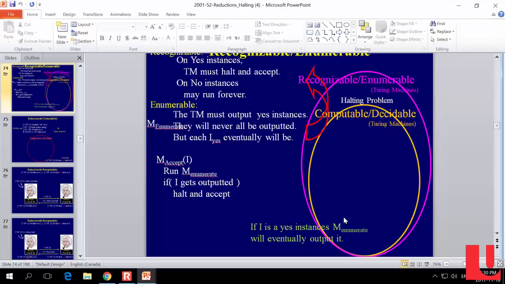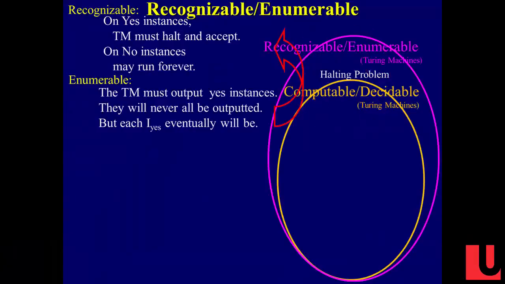When I is a yes instance, it looks to see if I is on the list, and it will be, so it halts and accepts. And when I is a no instance, it won't be on the list, so it's going to run forever. And so that's where we have this definition up here, that if a problem is recognizable, there's a Turing machine that always halts and accepts on the yes instances.